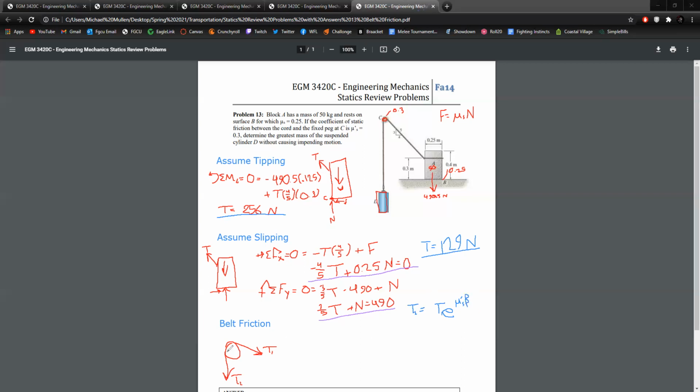And beta is going to be the angle from T2 to T1.